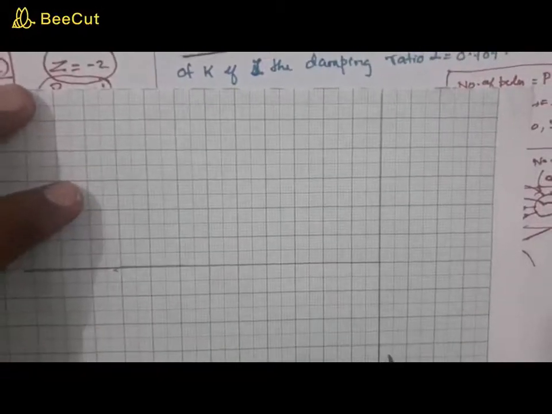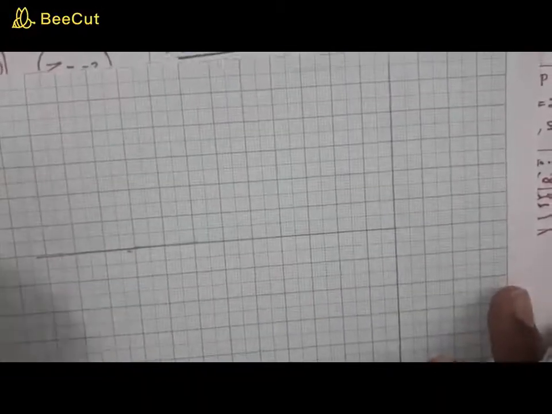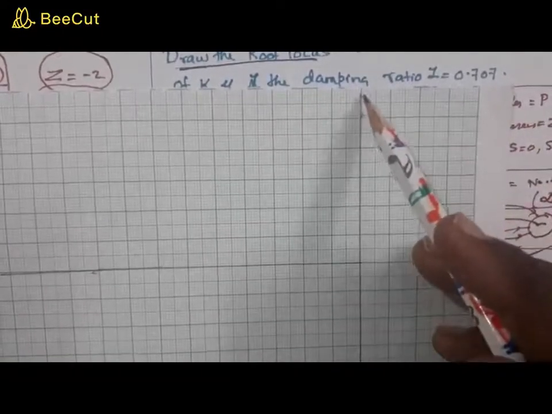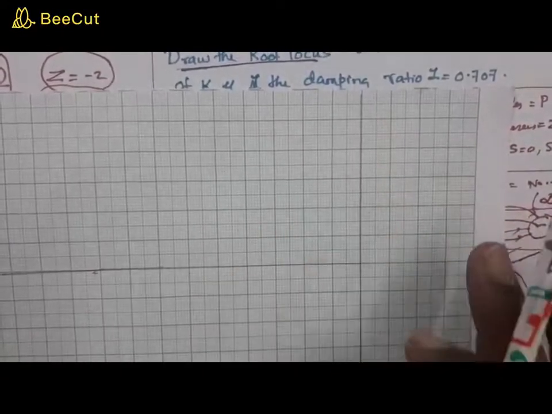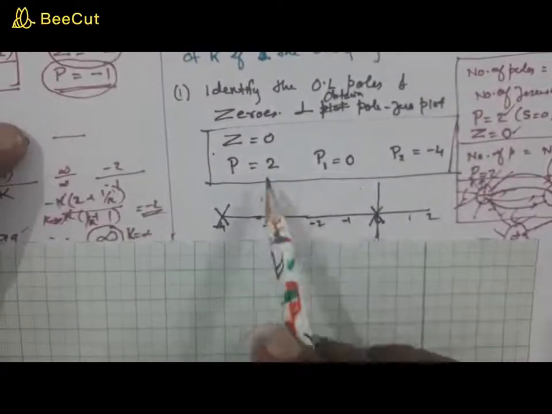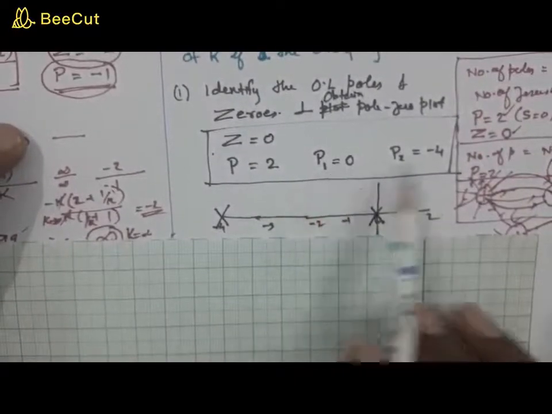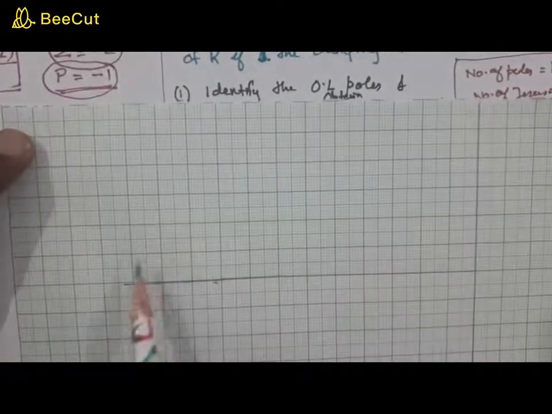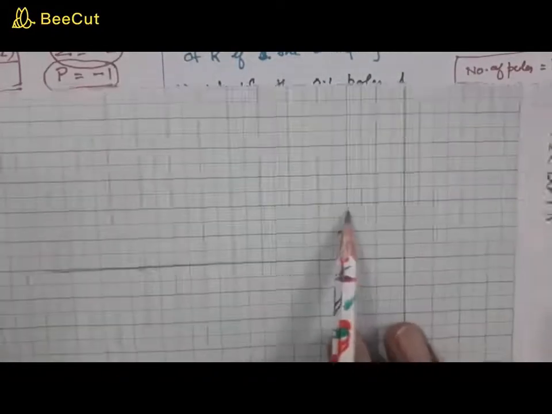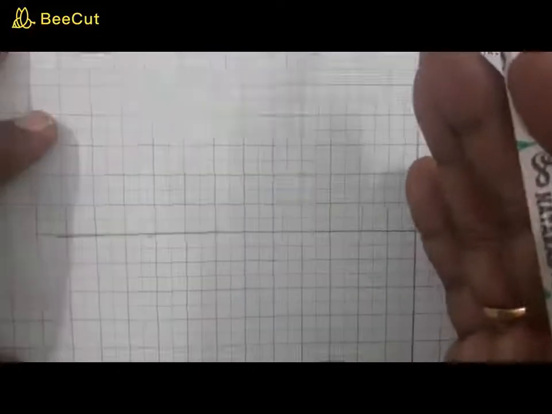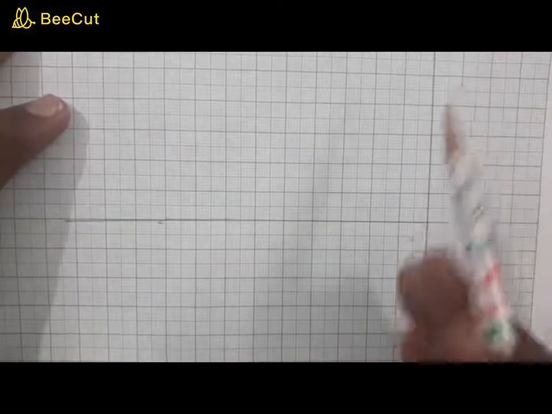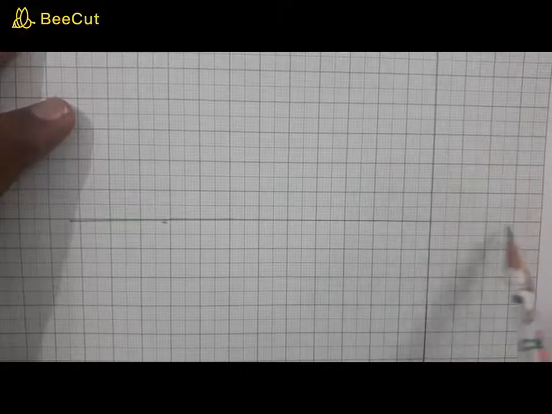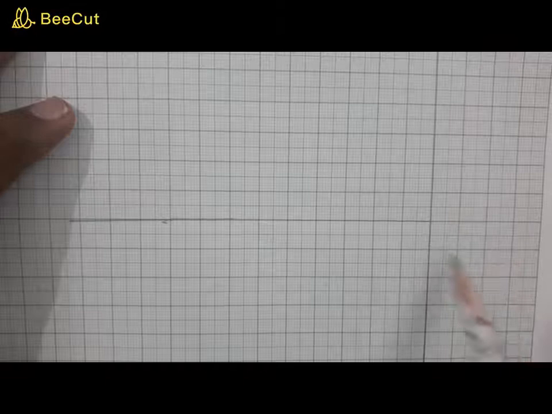So you can take a graph paper, and this is what I told you. Draw the imaginary axis towards the right side, because we are dealing with almost all the poles on the negative side. So you need more space on the negative side. That's why the imaginary axis is to be drawn more towards the right of this graph.